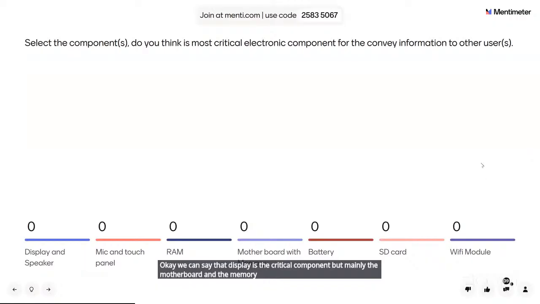Now, if we want to convey information, which are the critical components in a mobile phone?